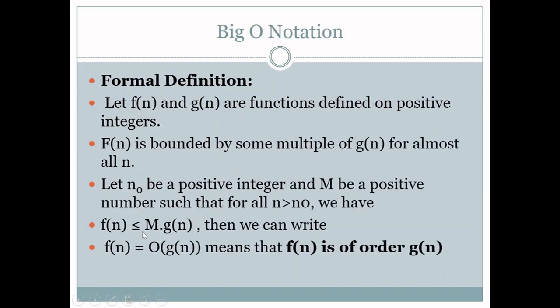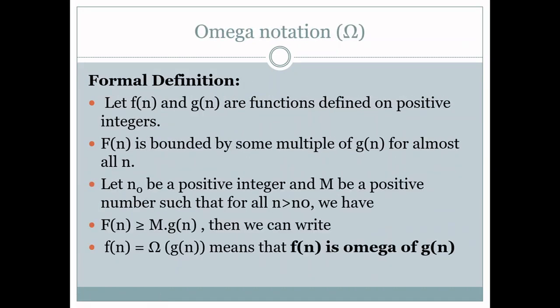In big O notation, it was less than or equal to. All other things in the formal definition are the same. In omega notation, this is greater than or equal to. This is the only difference. And instead of O, here we use omega notation.